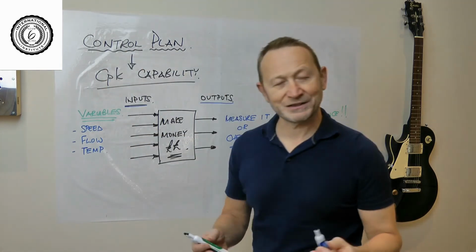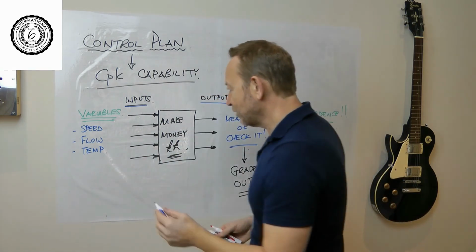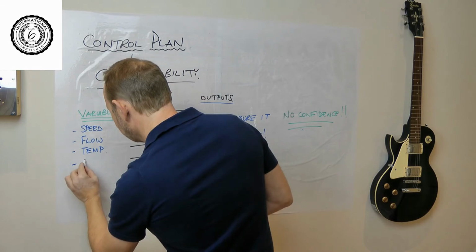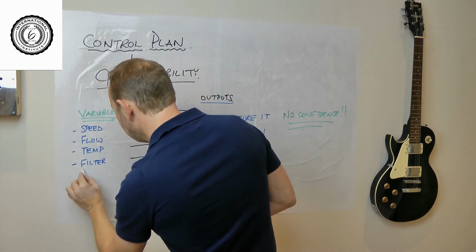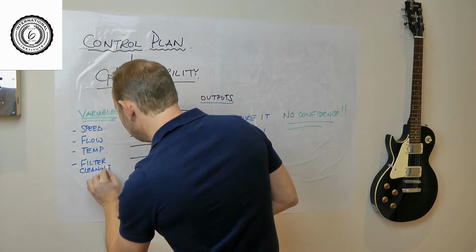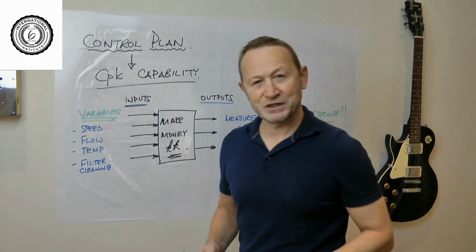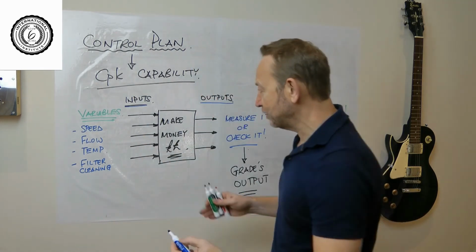So it could be settings. It could also be maintenance routines. So it could be things like the filter cleaning routine. How often do we do it? To what standard do we do it? It could be about the maintenance of the machine.